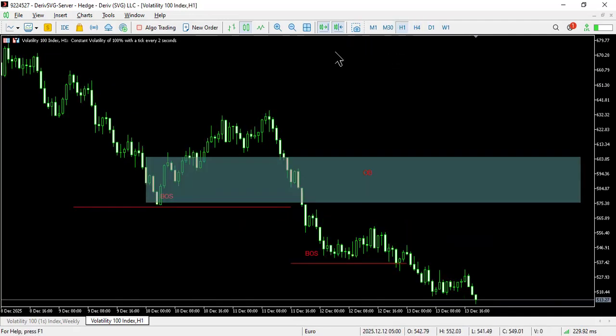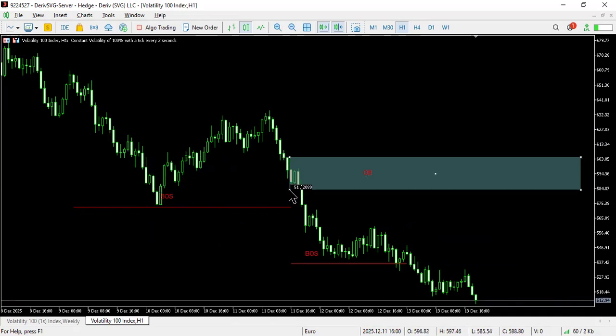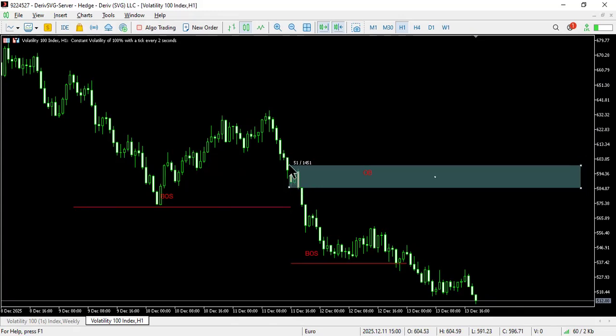And then if we go to the 1 hour, which is our entry time frame, from the 1 hour, that is the order block. And we'll be waiting for a retracement of price into that order block.